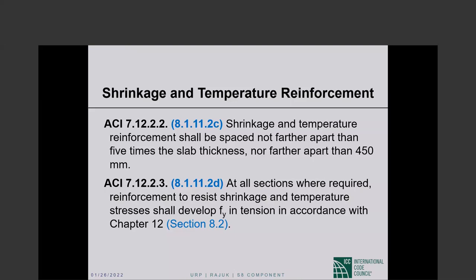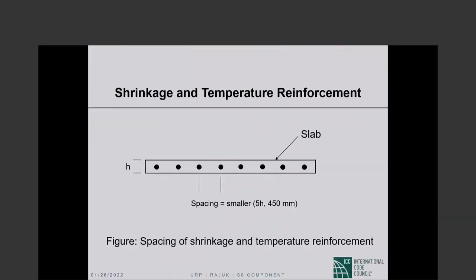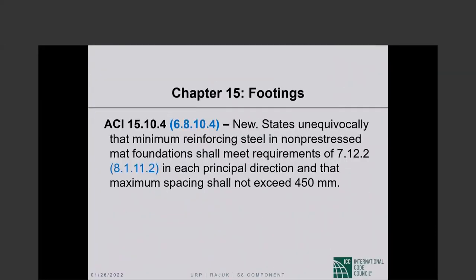This is important. This is extremely important. People do not pay attention. And on this reinforcement, when you splice it, you cannot take the As required over As provided reduction. Because of that, full yield strength has to be developed. So this is the spacing of shrinkage reinforcement, 5 times the thickness, but no more than 450 millimeters.